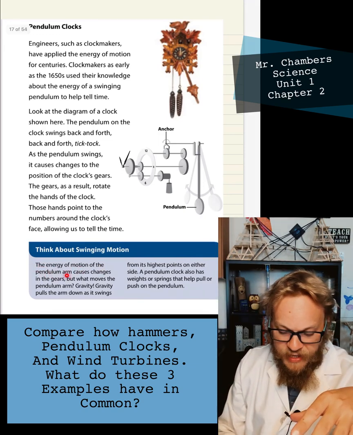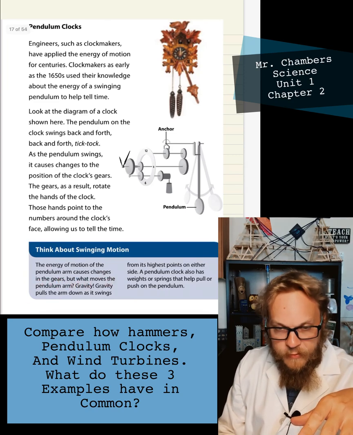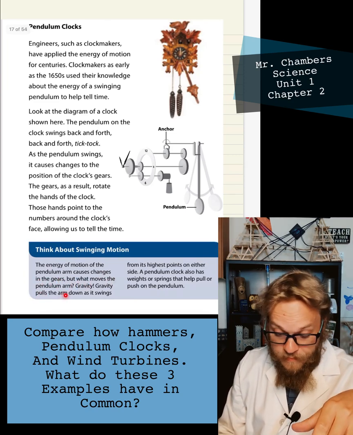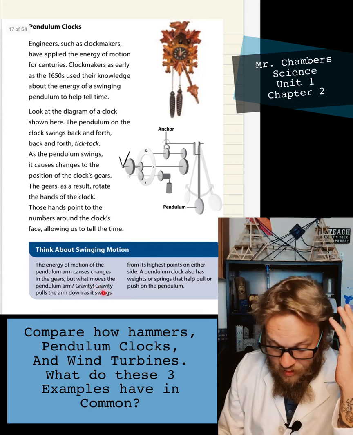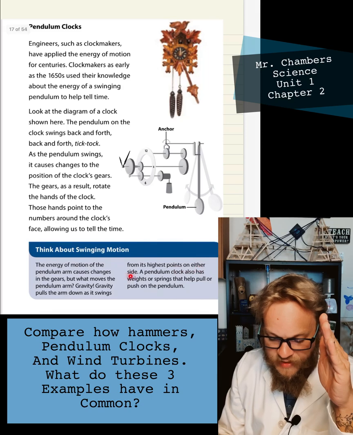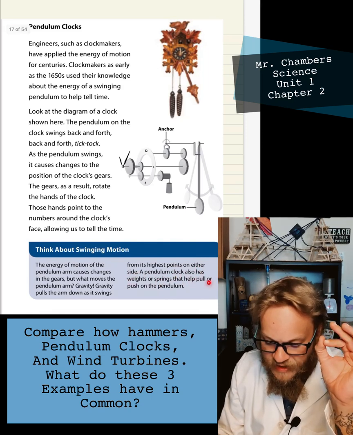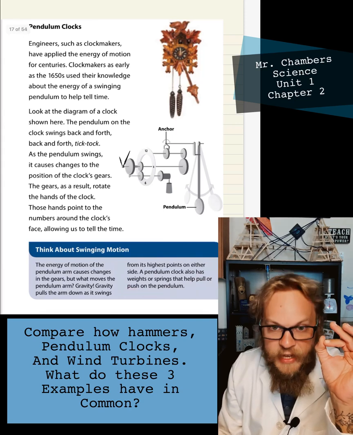Okay? So if you think about swinging motion, such as a pendulum or a swing, the energy of motion of the pendulum arm causes changes in the gears. But what moves the pendulum arm? Gravity. Gravity pulls the arm down as it swings from its highest points on either side. A pendulum clock also has weights or springs that help pull or push on the pendulum.